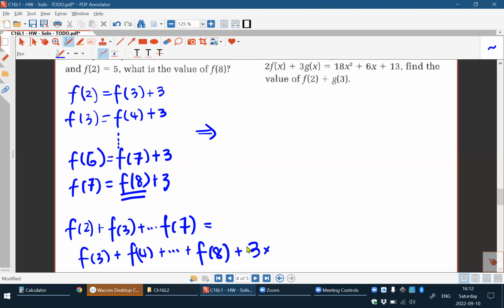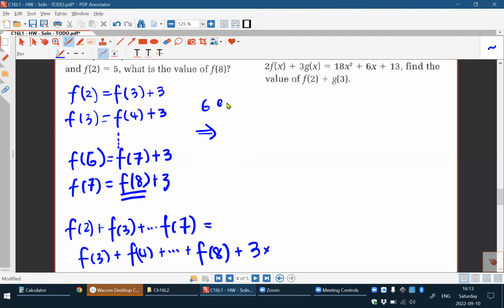We have several 3's, right? How many of them? 2, 3, 4, 5, 6, 7. You should have 6 equations, right?